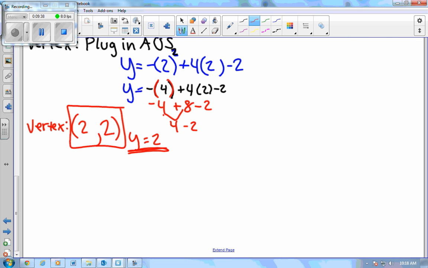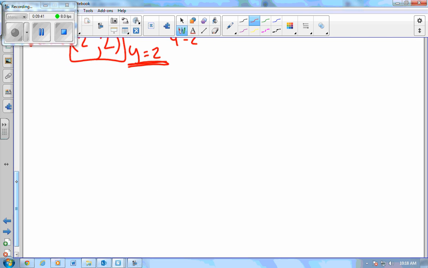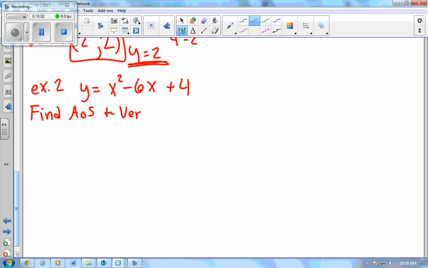See if you can find first the axis of symmetry. This is probably example 2. Here's the standard form, finding the axis of symmetry, which then you plug in to the function to find the vertex. Y equals x squared minus 6x plus 4. Find the axis of symmetry and the vertex.